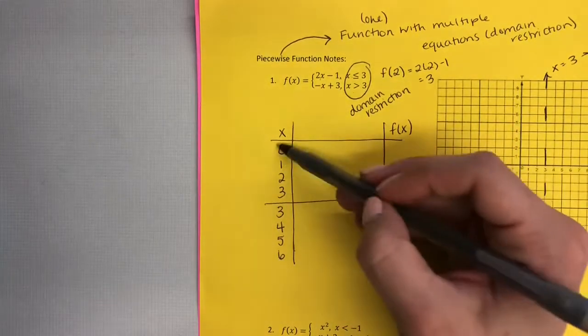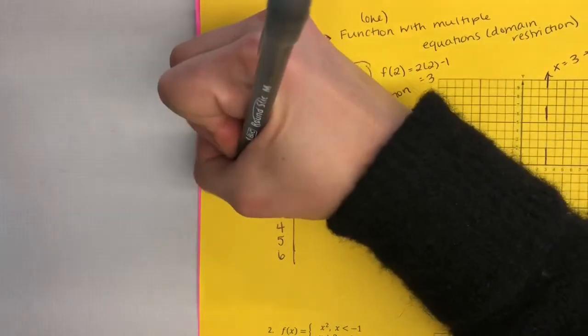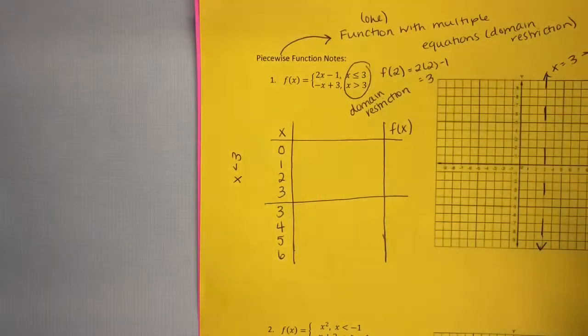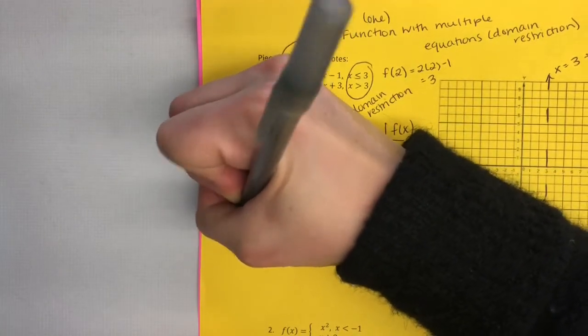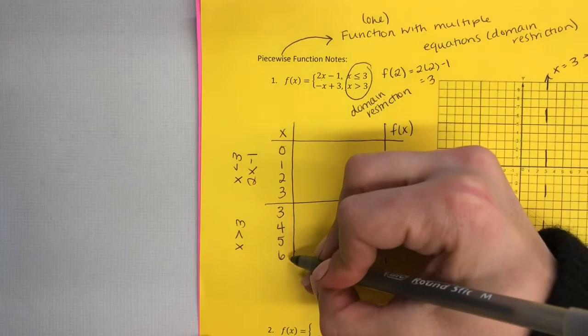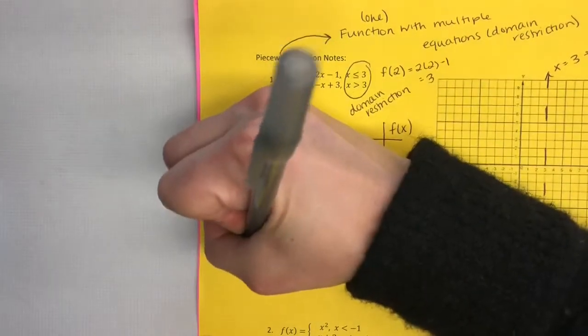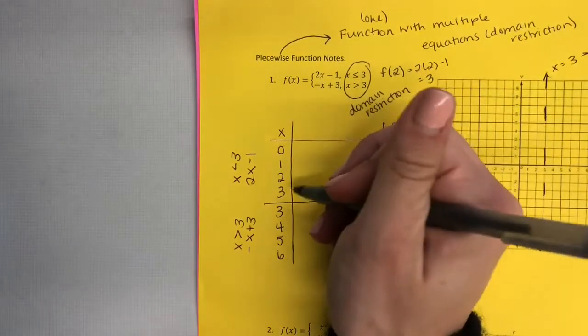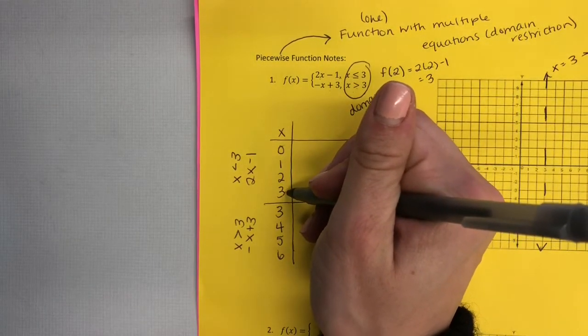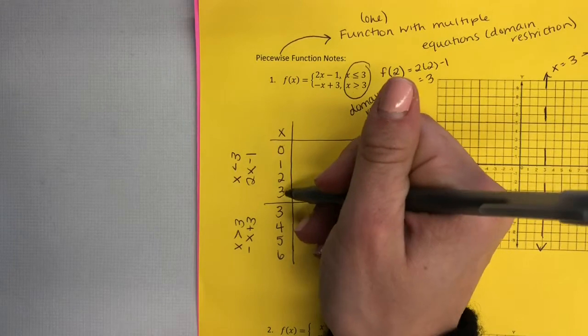Now, when I'm from 0 to 3, this is when x is less than 3. So the equation I'm gonna use here is 2x minus 1. And these numbers are when x is greater than 3, 3, 4, 5, 6. So I'm gonna use negative x plus 3, because that's what it tells me to use here. So here, I want to think one of these is going to be a closed circle and one is open.